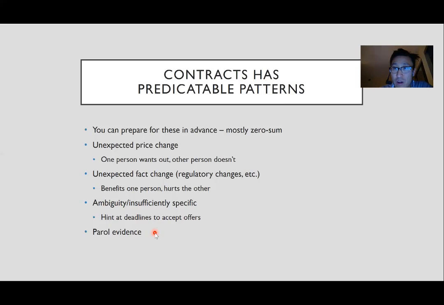And the question is whether or not parol, I suppose the parol comes from French, parler, parole, spoken evidence, whether that can be understood to be part of the party's agreement or not. Usually some kind of contractual ambiguity is required, and then you can introduce parol evidence.